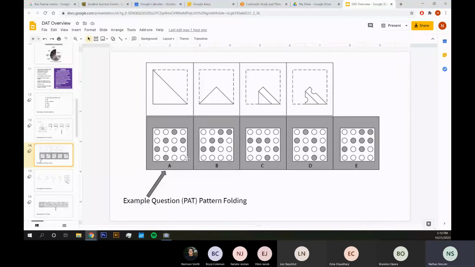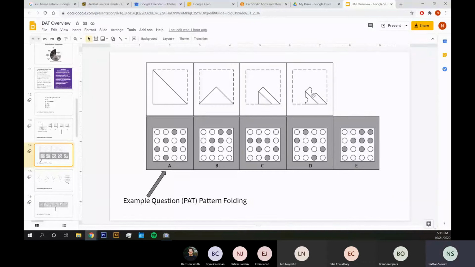Okay, so this is pattern folding. It shows you the line that's going to fold across. So this folds over to here, and then that piece would fold over to here, and then along this axis right here, this corner would fold around to there.